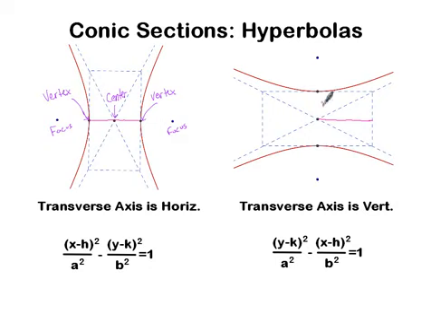If we were to draw this line and a line from the center to a vertex, this hypotenuse is actually the same distance as the distance from the center to the foci. So if we have a right triangle here, if we know this distance and this distance, we can find the distance from the center to the foci as well. And keep in mind the Pythagorean Theorem, a squared plus b squared equals c squared, or smaller distance squared plus smaller distance squared equals larger distance squared.